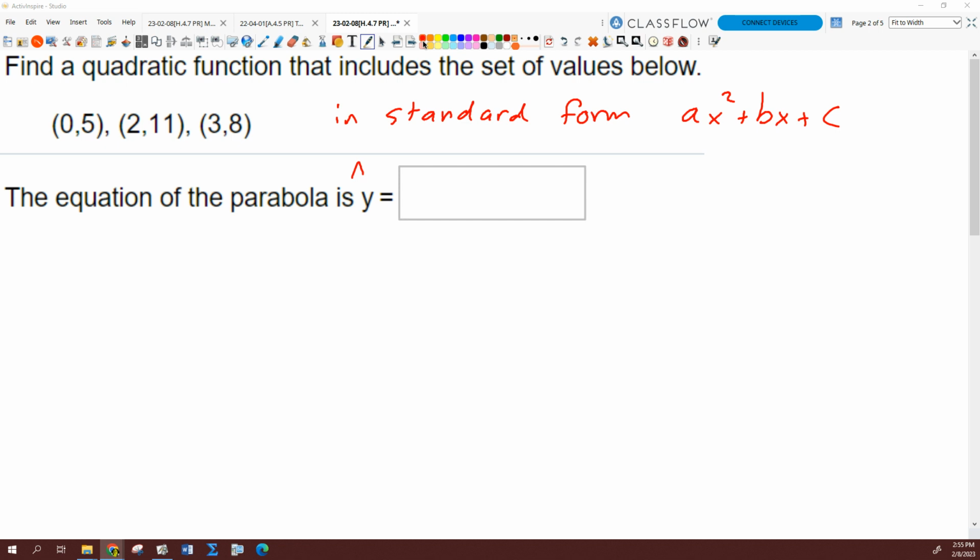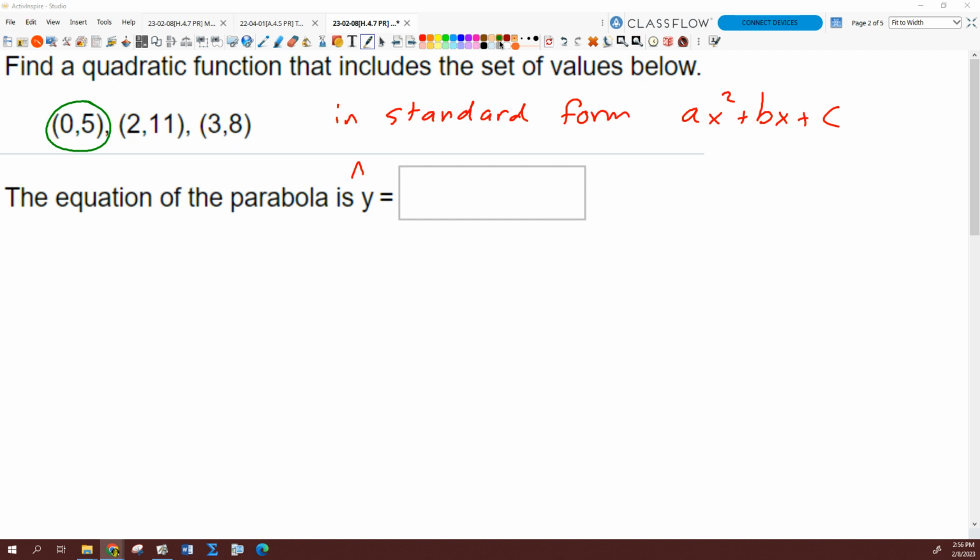Okay, but you have an idea though. What do you think, Josie? Okay, how about that? Great idea. So what if we do something like this? If I take the point 0, 5, that's an ordered pair where the input value is 0 and the output value is 5.